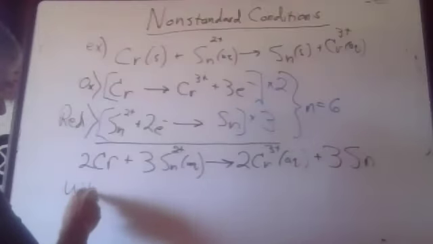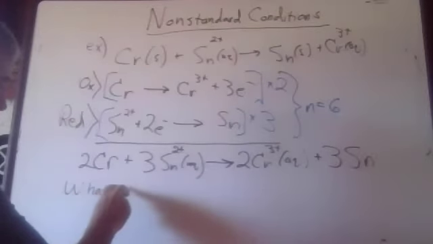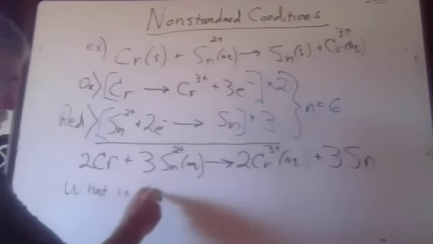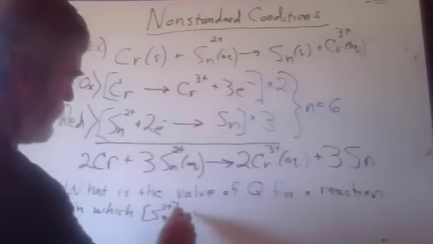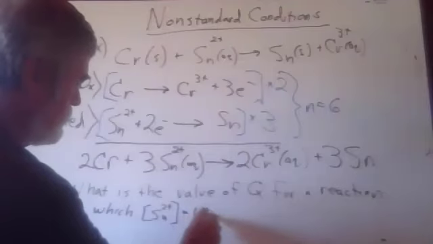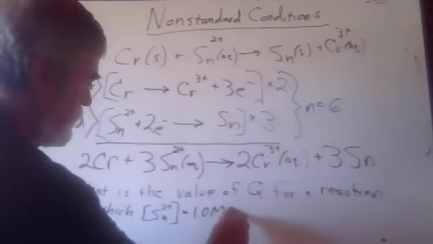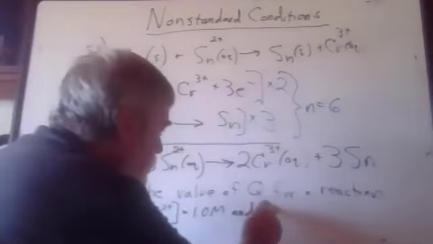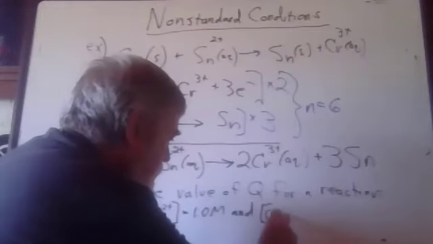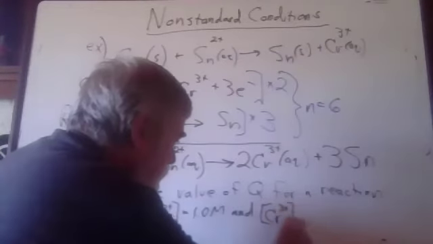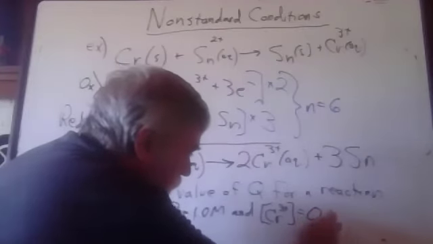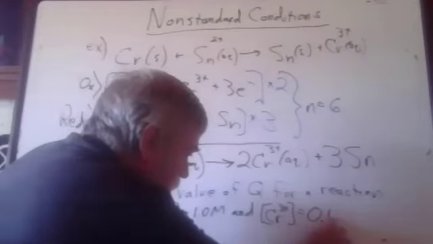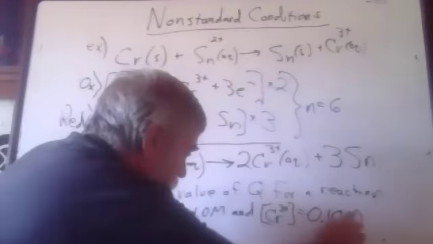I'm going to answer this question. What is Q if the tin concentration equals 1 molar and the concentration of chromium is, let's say, 0.1 molar?